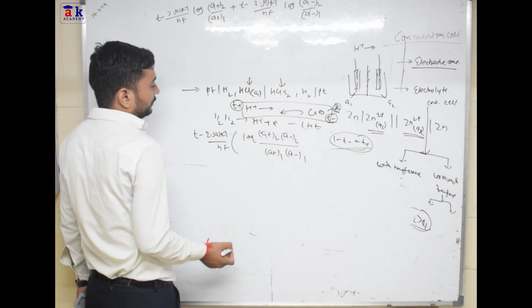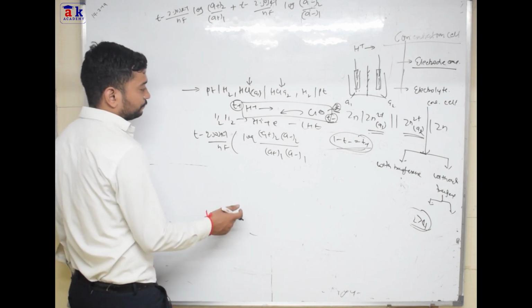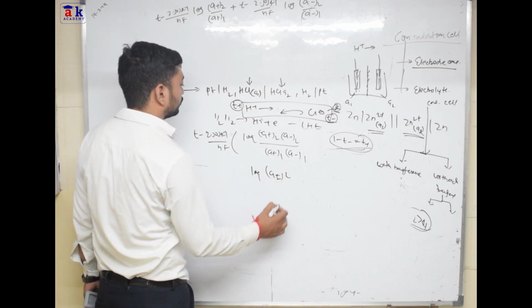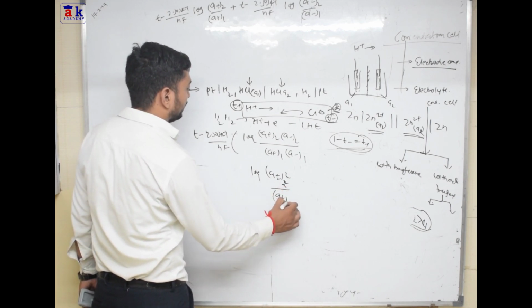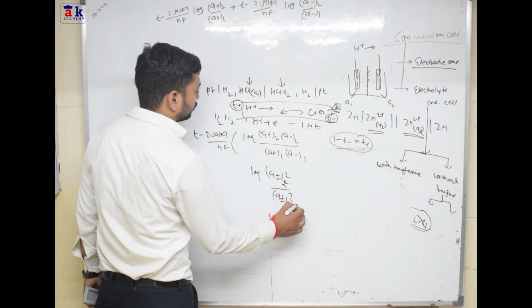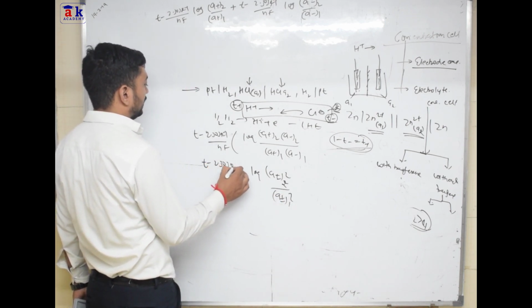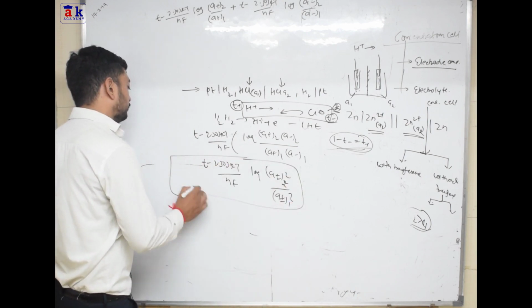So both of these can become log of A plus minus square, this is A2, and this will become log A plus minus square. So T minus 2.303 RT upon NF. So this is the final equation we have.